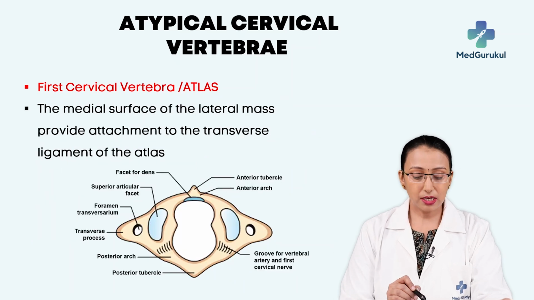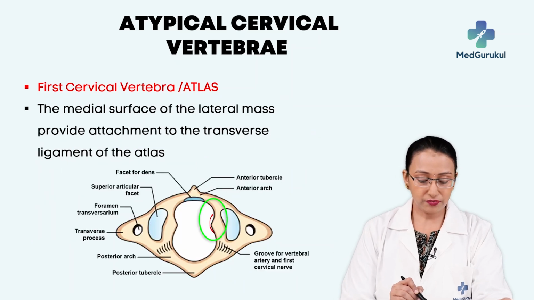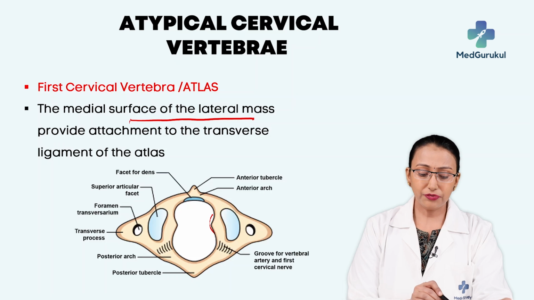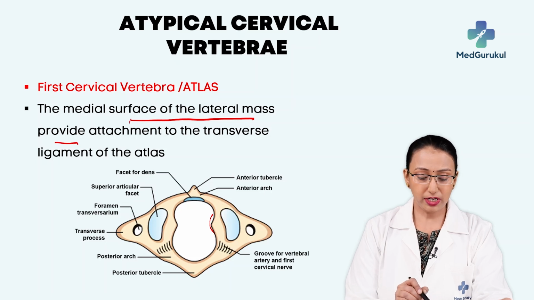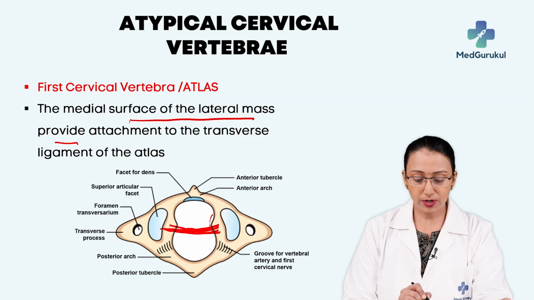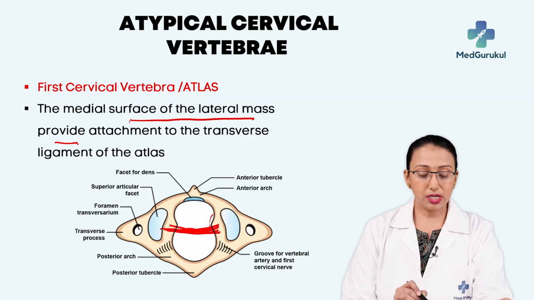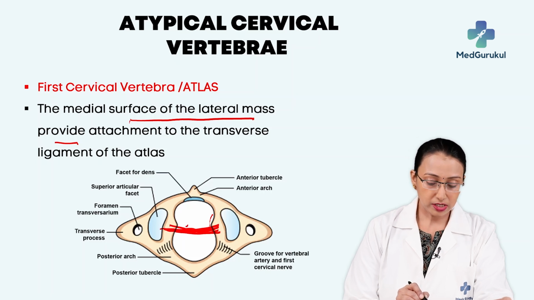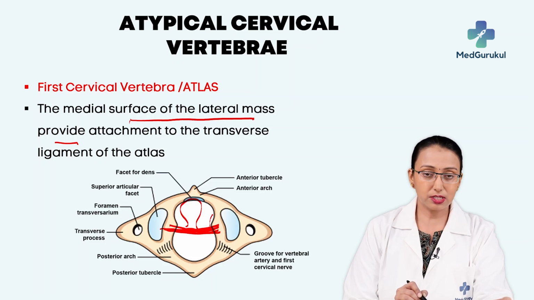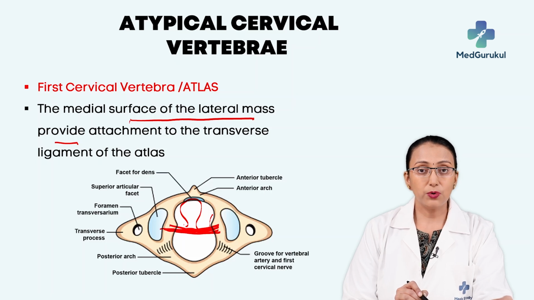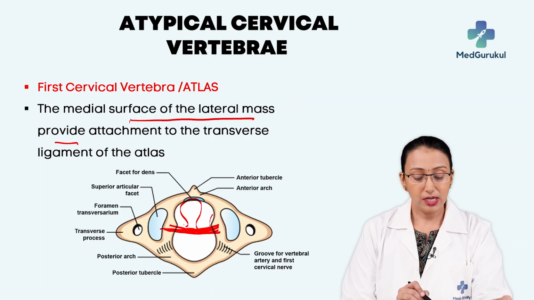Then the medial surface of the lateral masses will provide attachment to the transverse ligament of the atlas. So, why do we need this? Here anteriorly we have the dens within this.